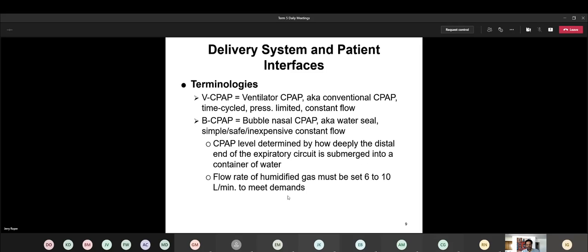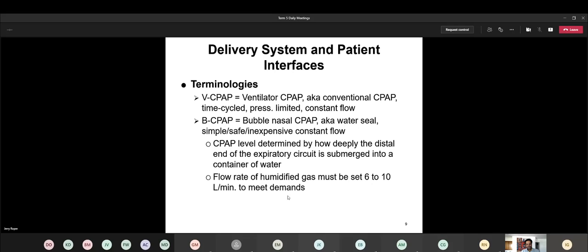There's some more terms here. VCPAP is just like ventilator CPAP, which means that with the ventilator that you use to help the baby get over whatever their problem was, and then you extubated the baby, you would be expected to leave the ventilator on standby, just in case.